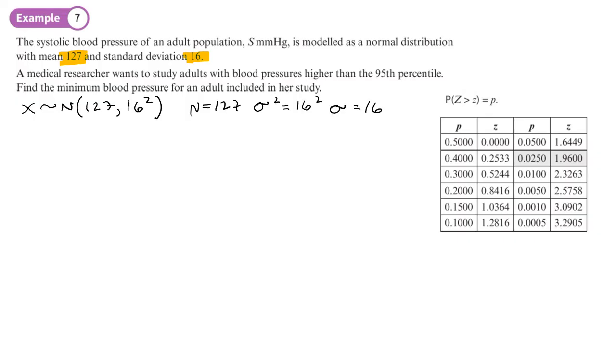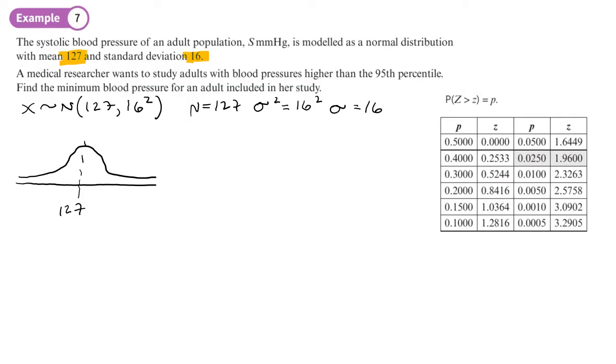So just write that information down. A medical researcher wants to study adults with blood pressures higher than the 95th percentile. Find the minimum blood pressure for an adult to be included in the survey. So again, a diagram makes it so much easier. Let's put that in. 127 here, and we know the standard deviation.